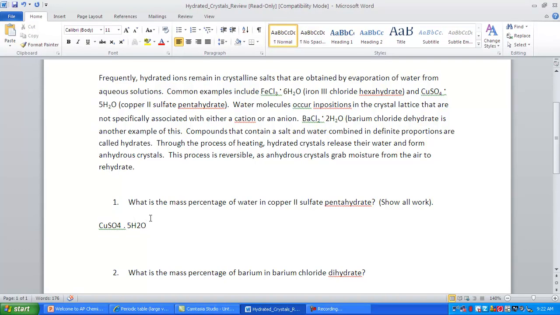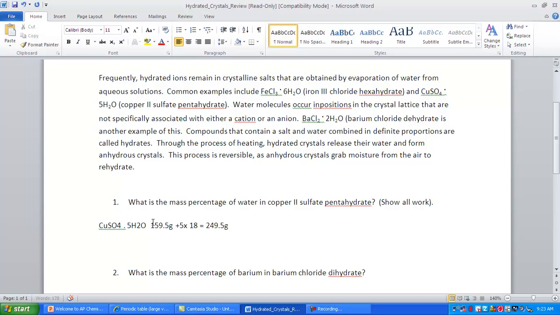Now let me remind us what I did there. Copper sulfate was 159.5 plus 5 times 18 on the water, and that gave me the total weight of 249.5, and that comes out in total grams.